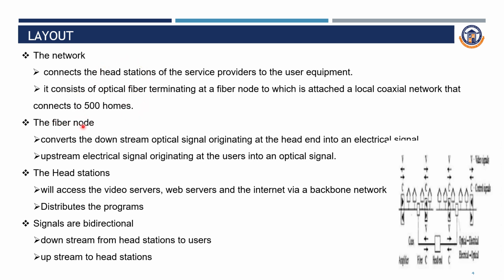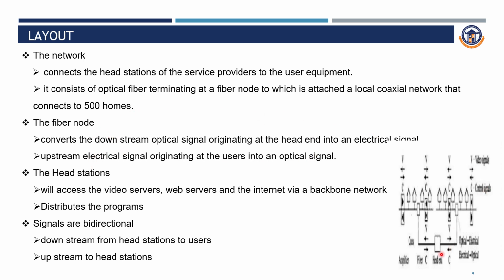One fiber node is used to convert the downstream optical signal into an electrical signal. Upstream consists of converting an electrical signal into an optical signal.